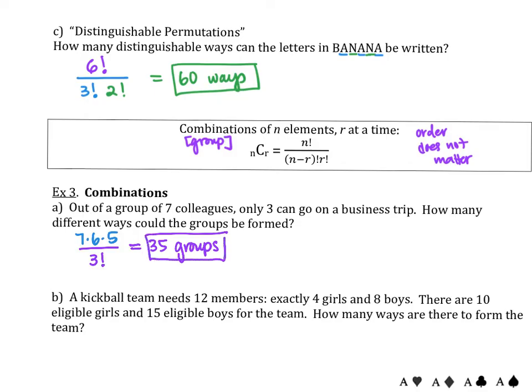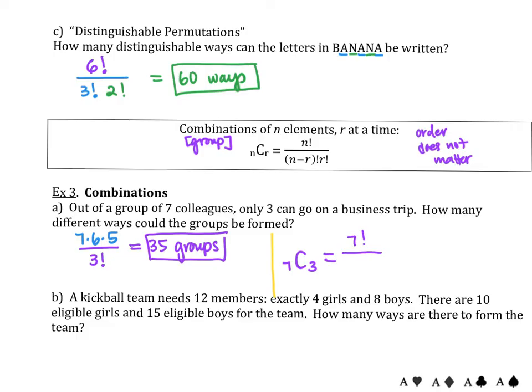Now, if you're a person who likes formulas, you're going to look at this and say, I'm taking groups 3 at a time. So I'm doing 7, and I'm choosing 3 to join my group. Okay, and then I'm going to use the formula. According to the formula, this is n, this is r. So at the top, n factorial.